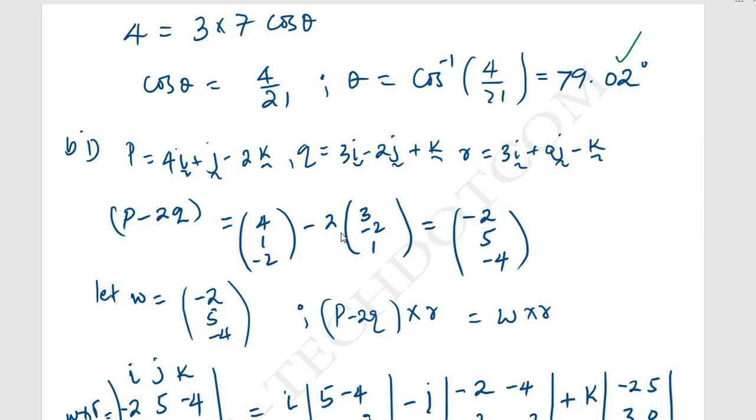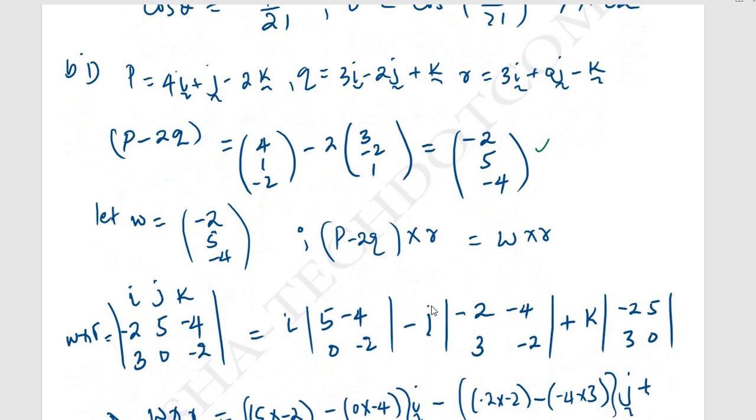Then 1 minus 2 times negative 2 is 1 plus 4, which gives you 5. Then negative 2 minus twice 1 gives you negative 4. So that is P minus 2Q. If we let P minus 2Q equal vector W, then W is equal to negative 2, 5, negative 4.